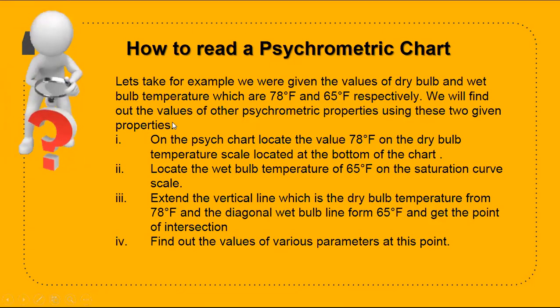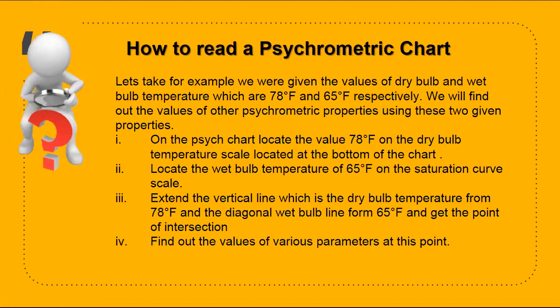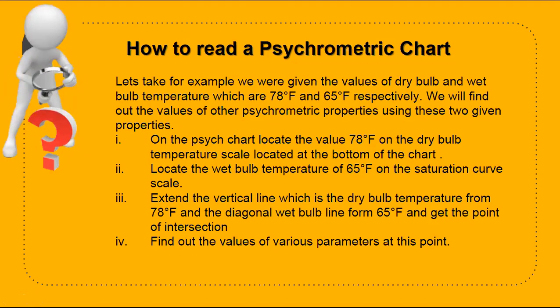We will find out the values of the other properties using these two given values only from the psychrometric chart. Just like how you do it with the XY axis, you use the two coordinates, and wherever they intersect, you try to find the value of anything related to the intersection of these two things. So it's the same thing with this.